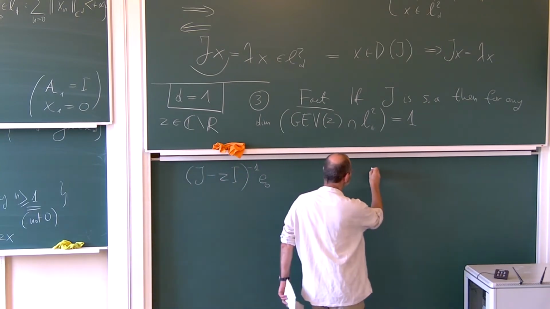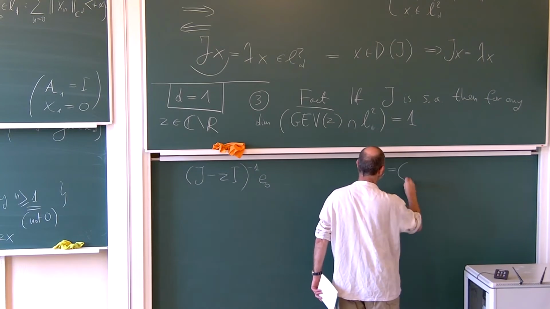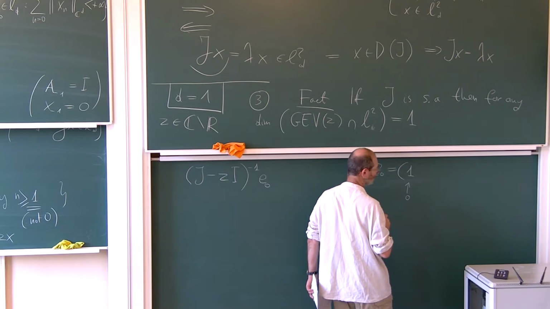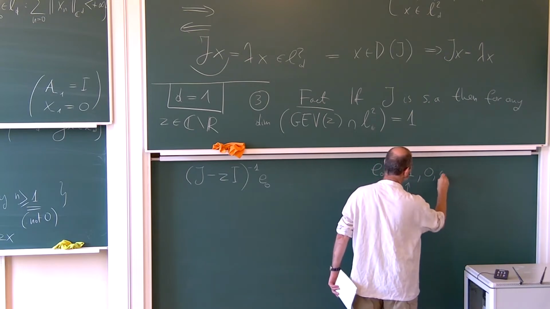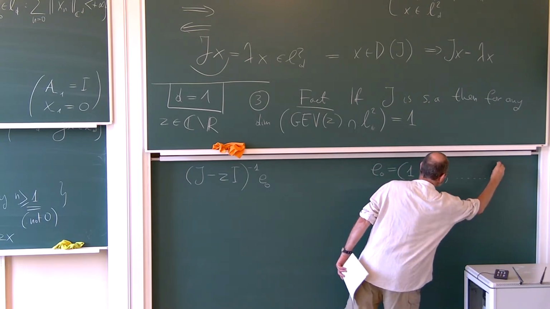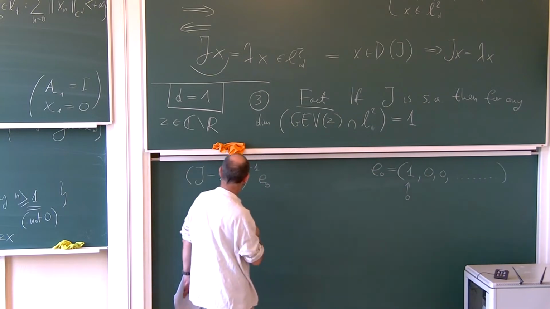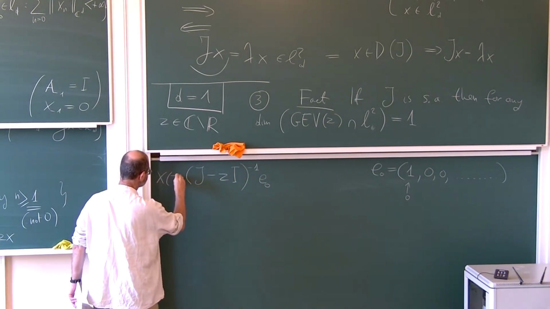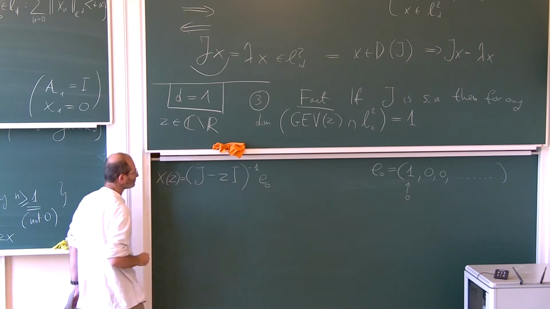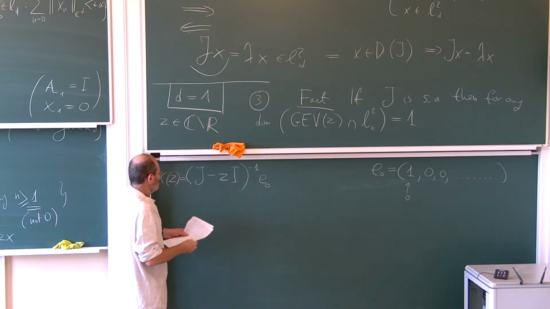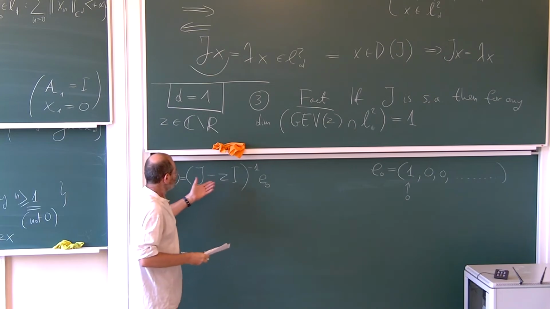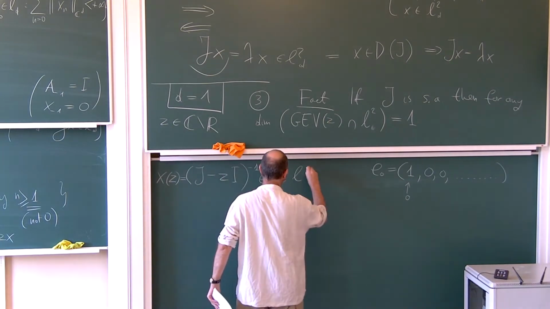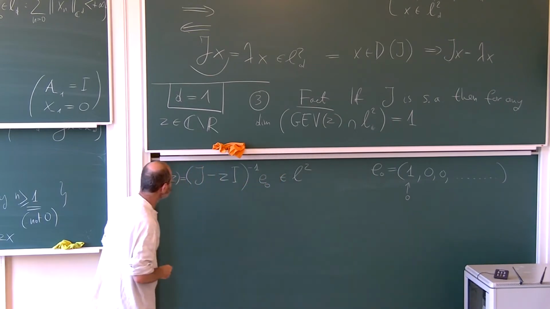What is A0? A0 is just the sequence which has 1 at the zero position and then zeros. Let us take this and call it X of Z. This is a bounded operator in our space, so X of Z belongs to L2, of course.